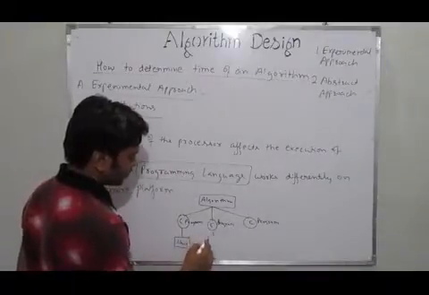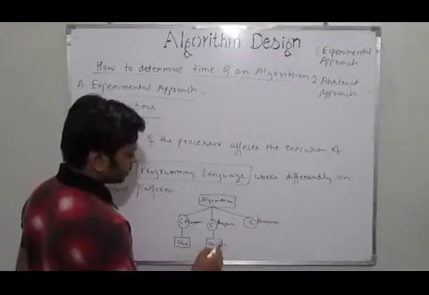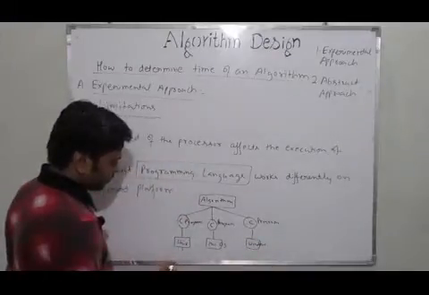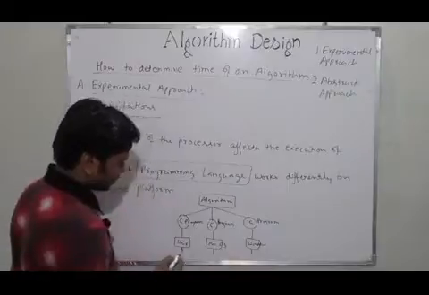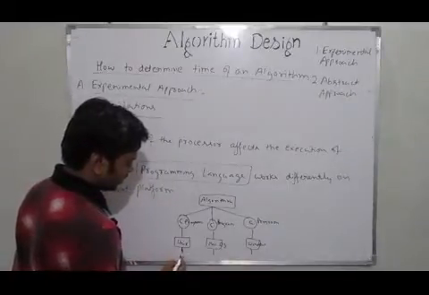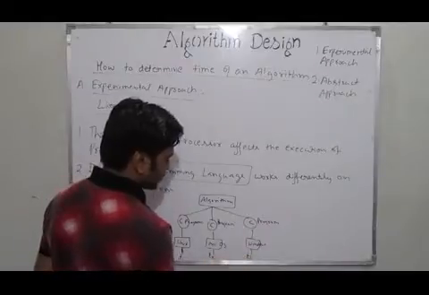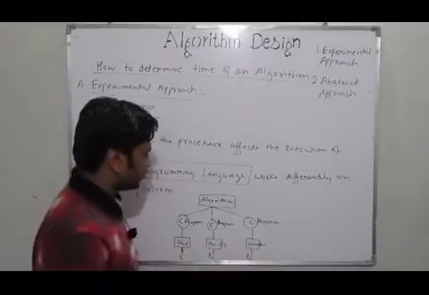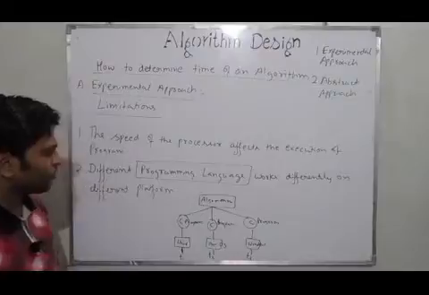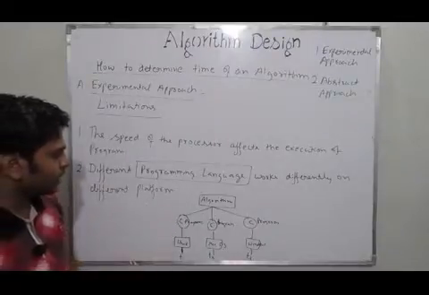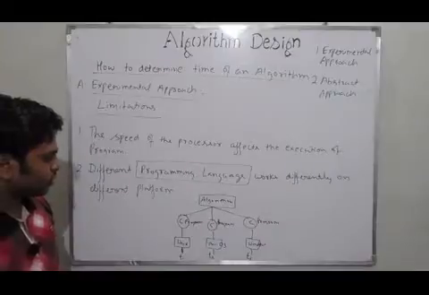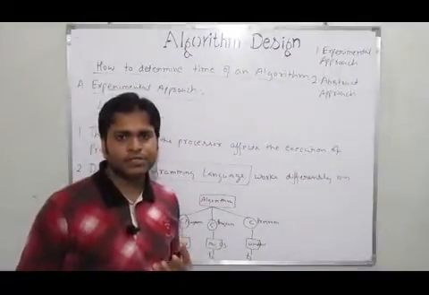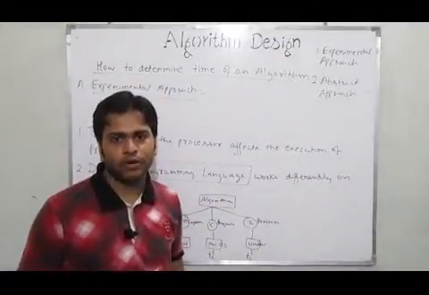One is run on Unix, one is run on Mac OS, and one is run on Windows. So it is natural that the time of execution of this algorithm would be different on the different platform. So it is not the correct way of determining the running time of a given algorithm. So the best way is to choose a common platform to determine the efficiency of a program of a given algorithm. Fine.